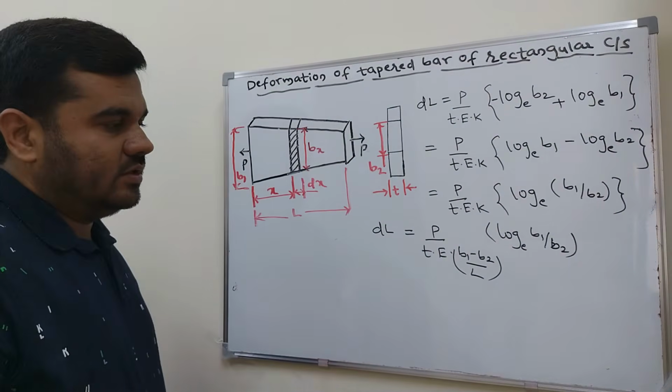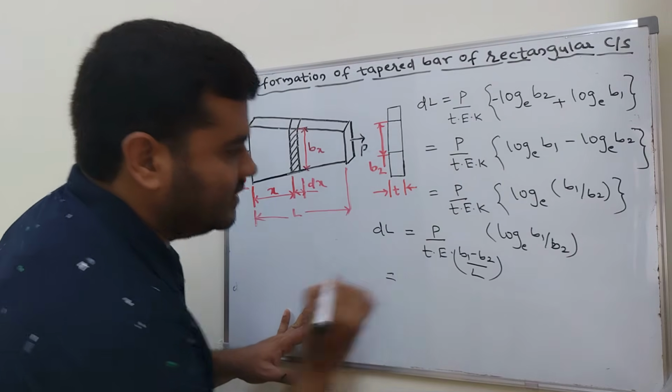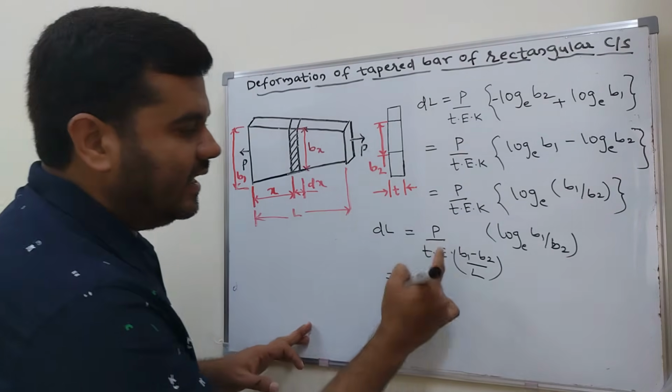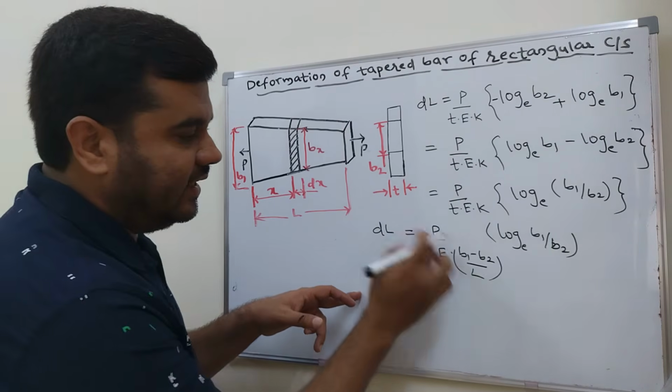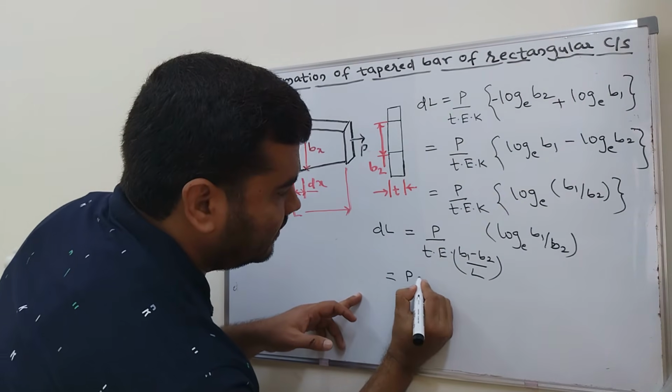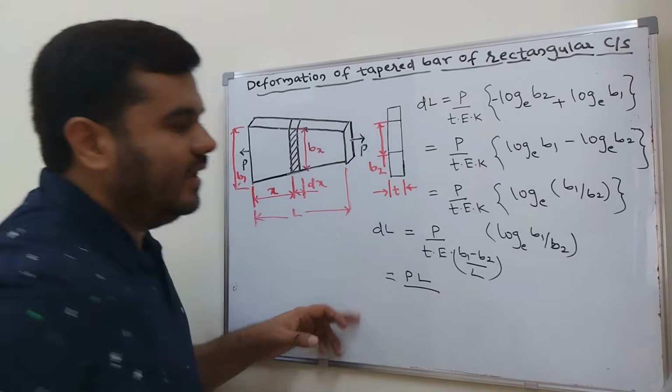Now finally I'll write this in the form of PL by AE. How to remember? Just take PL by AE.